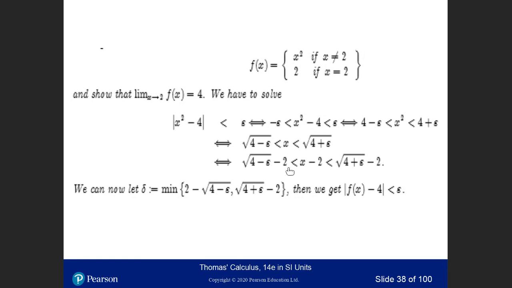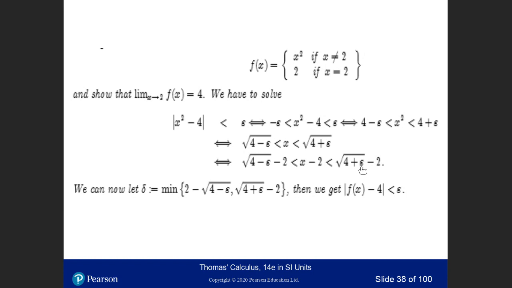Then I'm going to look at the distance on the left side and distance on the right side. Okay, as you can see, if I subtract 2 from each side, square root of 4 minus epsilon minus 2 is a negative number. But I'll look at the absolute value.